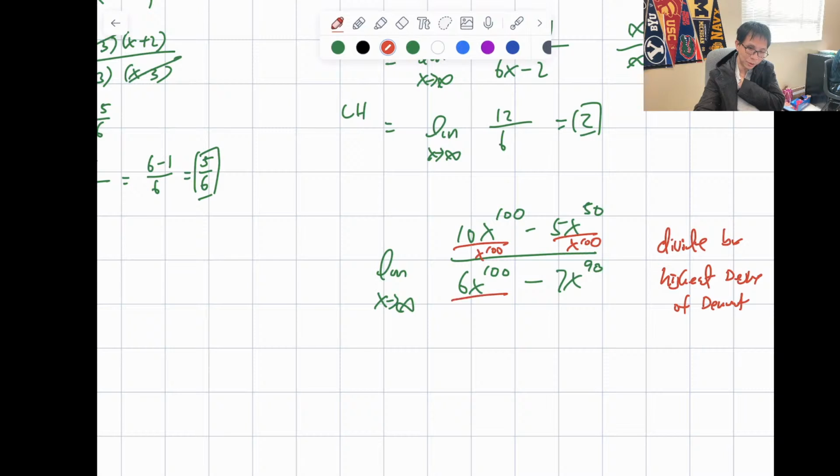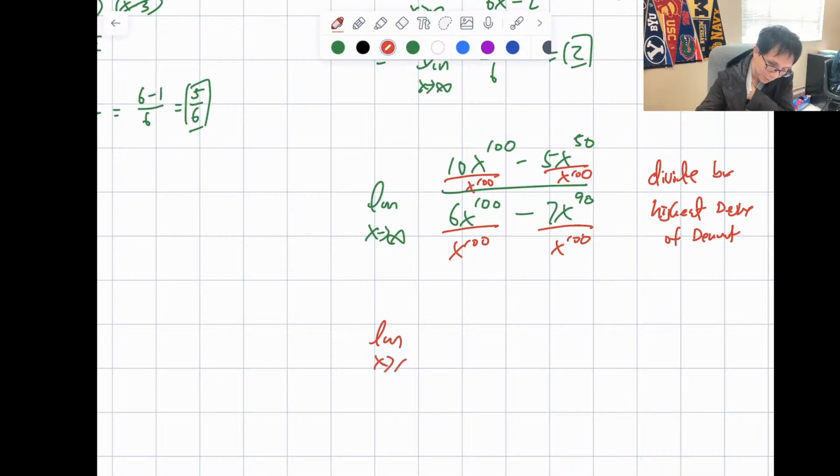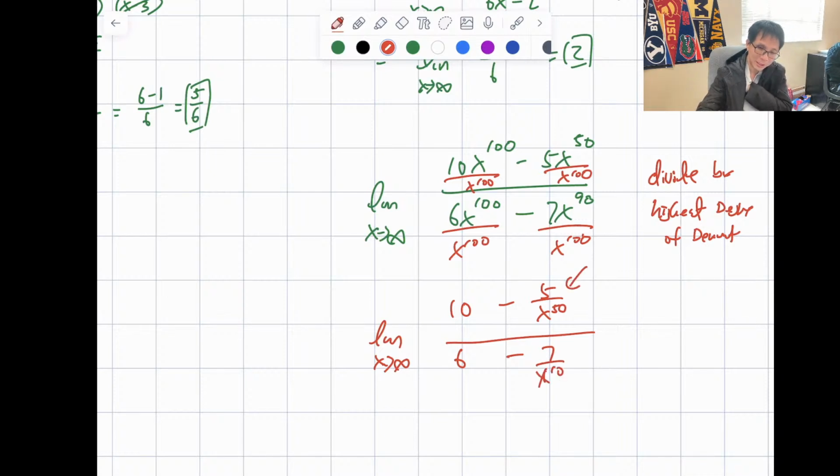x to the 100 over x to the 100 over x to the 100. Guess what? That's going to give you the limit as x approaches infinity of 10 minus 5 over x to the 50 over 6 minus 7 over x to the 10. Do you see that? And this one is going to what? As x approaches infinity, 5 over infinity is 0.